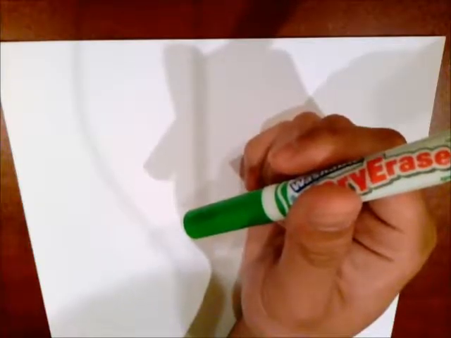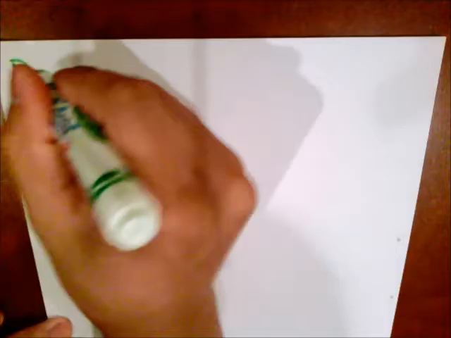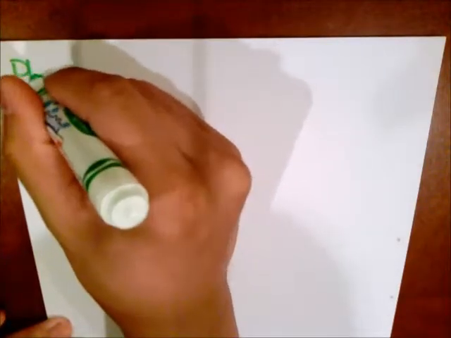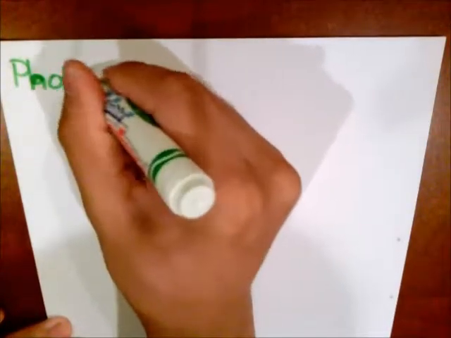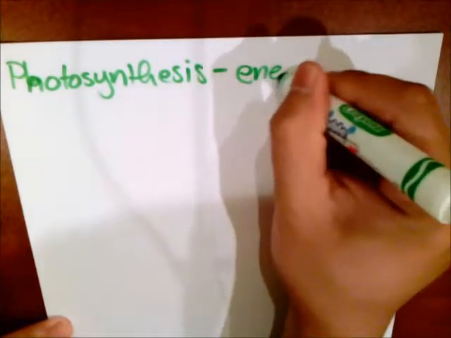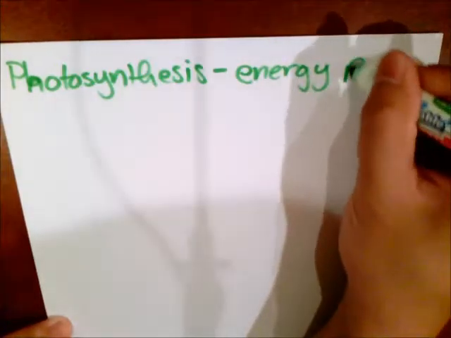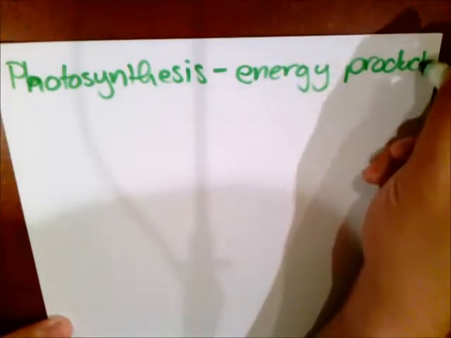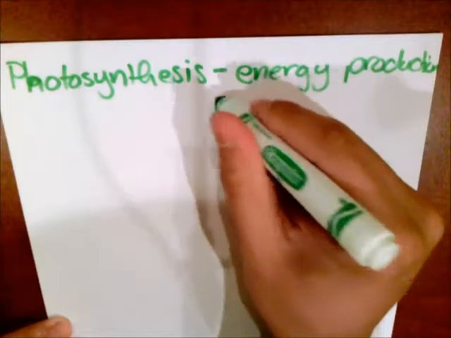So yeah. Anyway, let's talk about what photosynthesis is. I've already talked about how it is the opposite of cell respiration, right? So photosynthesis is going to be the energy production in plants. Energy production for plants. Now, some fungi do this too.